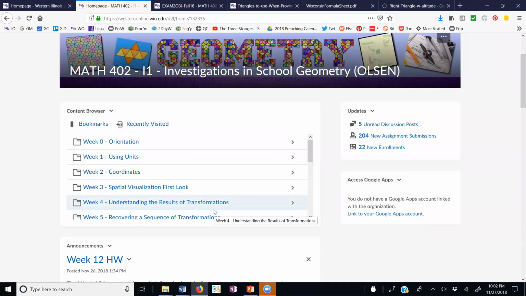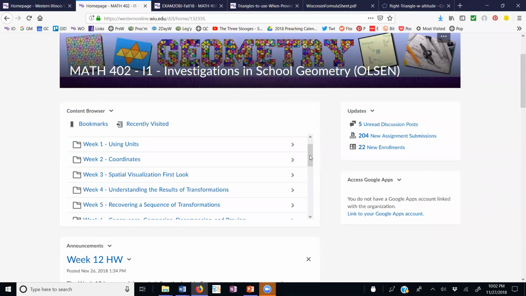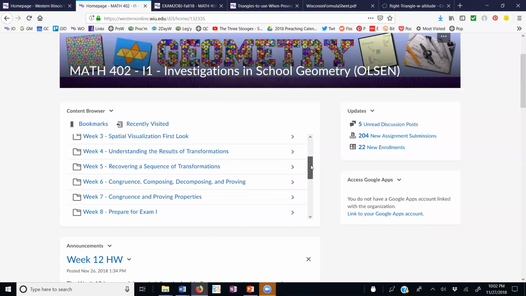Now I'd kind of like to do a quick overview of how we used proofs in this course. First of all, we proved triangles congruent. And we looked at congruence here in weeks 6 and 7. And we started by just having a diagram and proving two triangles congruent, which is mainly just a useful exercise.